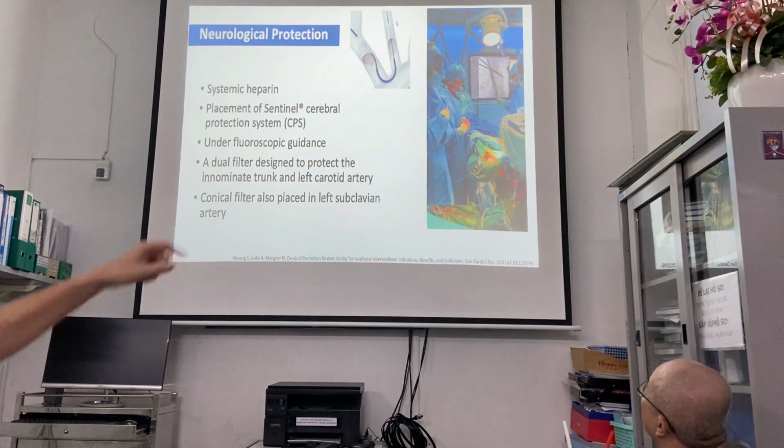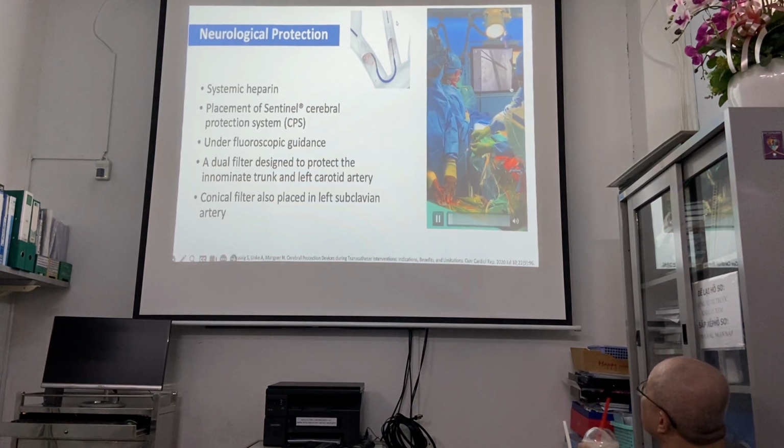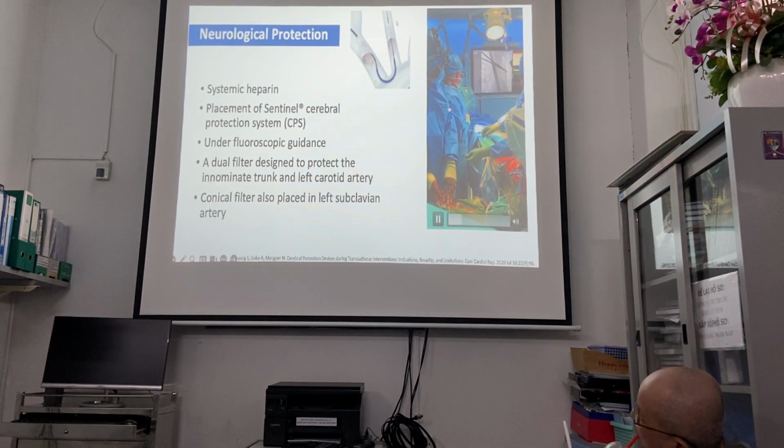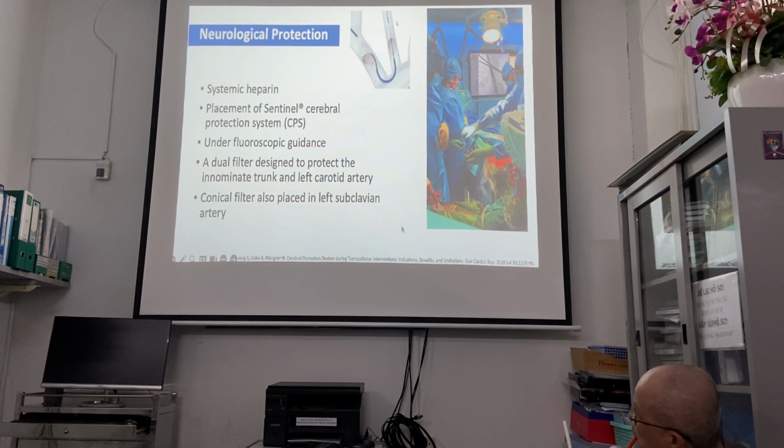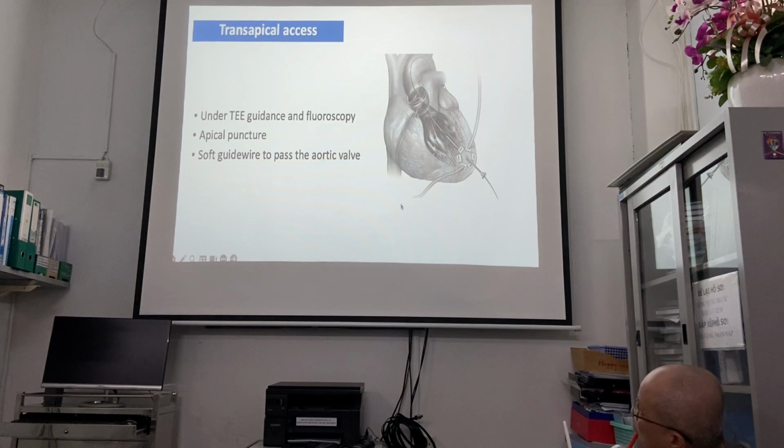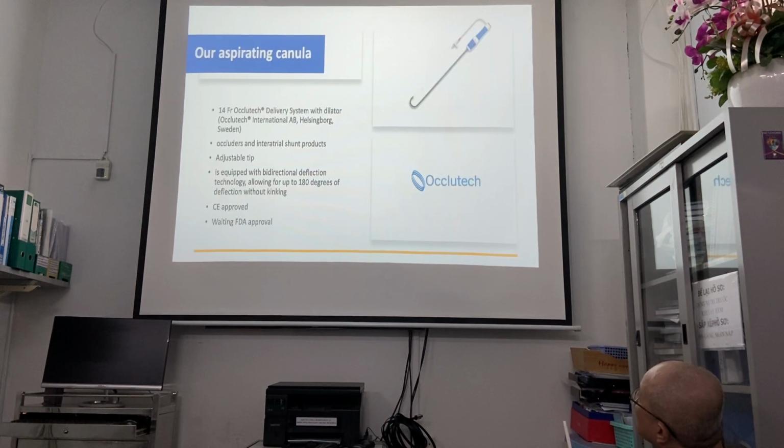And then this guy is the surgeon. This is me a little bit behind there. This is the assistant. And we make this kind of connection. So with the surgical approach, there's a transapical puncture. And then I use this thing. This is 14 French, and I use this one to close the paravalvular leak.